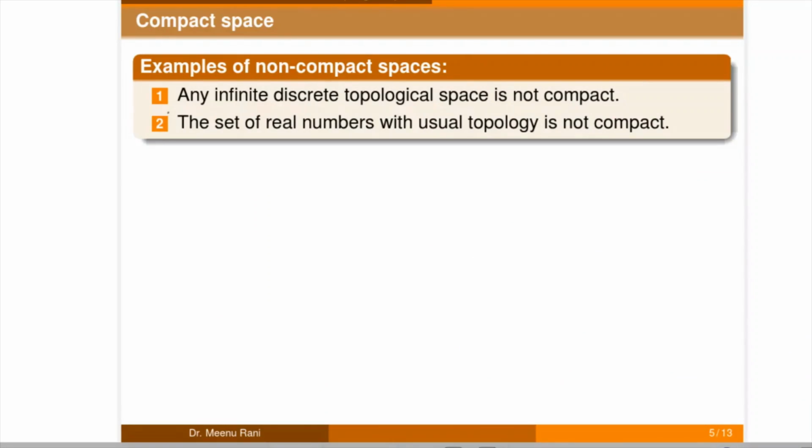So first, any infinite discrete topological space is not a compact space. We know that in a discrete topological space, singletons are also open.